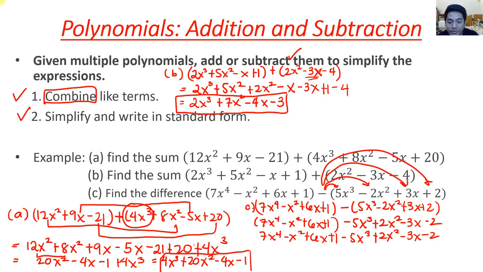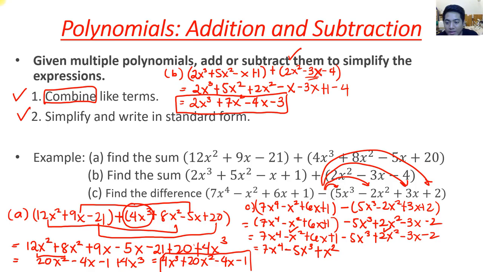So combining like terms. We don't have terms like 7x raised to 4, so we copy it as it is. Do we have anything for x cubed? It's negative 5x cubed only. Do we have anything for x squared? We have negative x squared plus 2x squared. So negative x squared plus 2x squared will become plus x squared, or 1x squared.